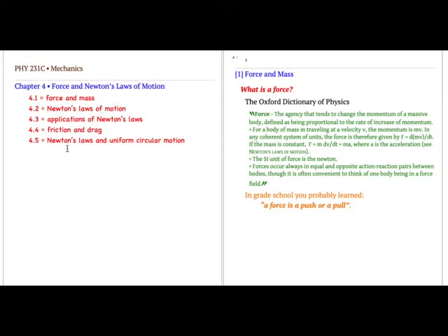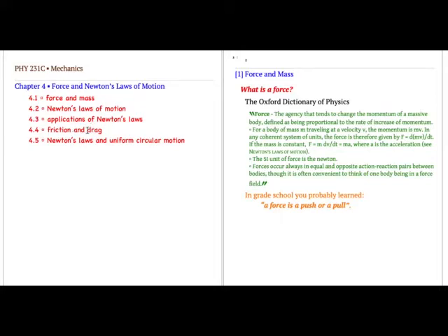So now here is the chapter. It has 5 sections. Force and mass, Newton's laws of motion, some examples of Newton's laws. A specific case of force is friction or drag.